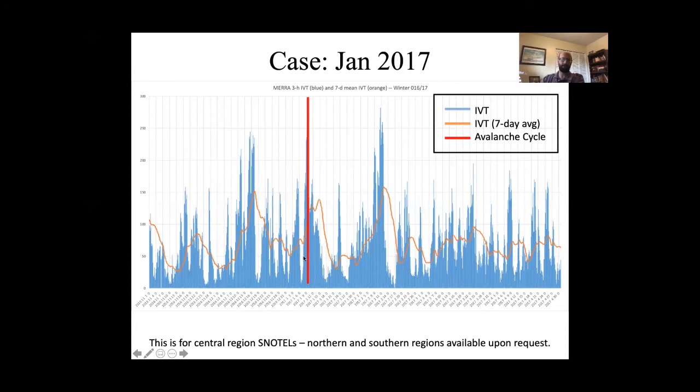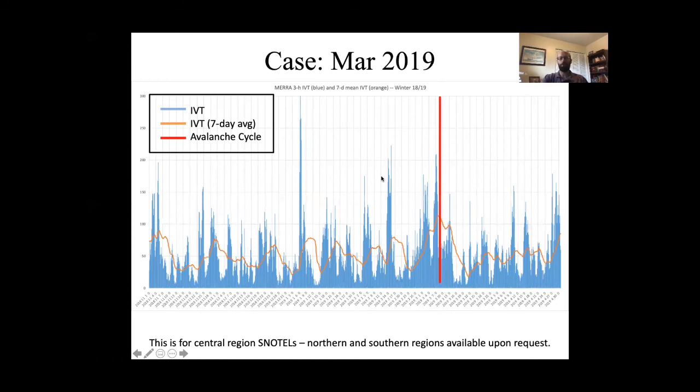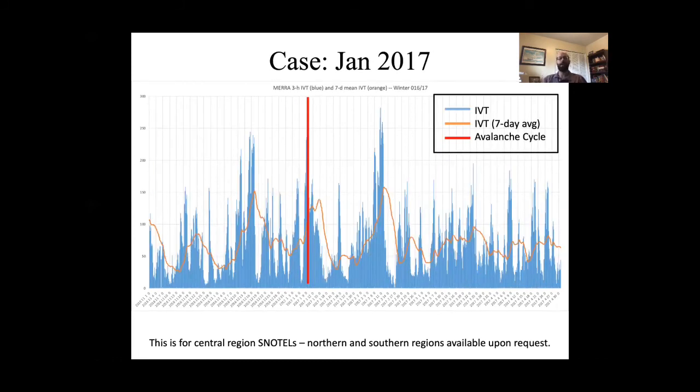January 2017, once again, you do see that, but I want to highlight here that you also have events in here where you have major ramps in IVT and no corresponding major avalanche cycle. So it seems to suggest that when you do see these ramps, you are more likely to get one of those big avalanche cycles, but it doesn't necessarily guarantee it.